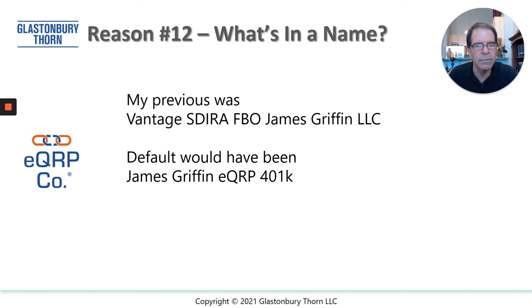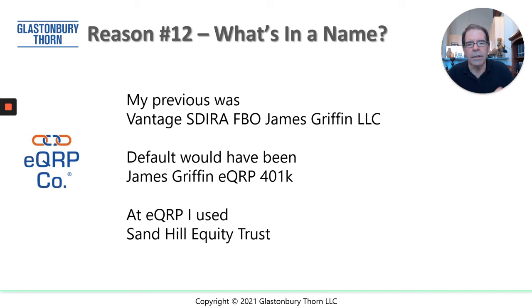But they were very flexible, and they agreed to use a name that is less explicitly a retirement account and without my name on it. What I ended up using when I set this up was Sand Hill Equity Trust.